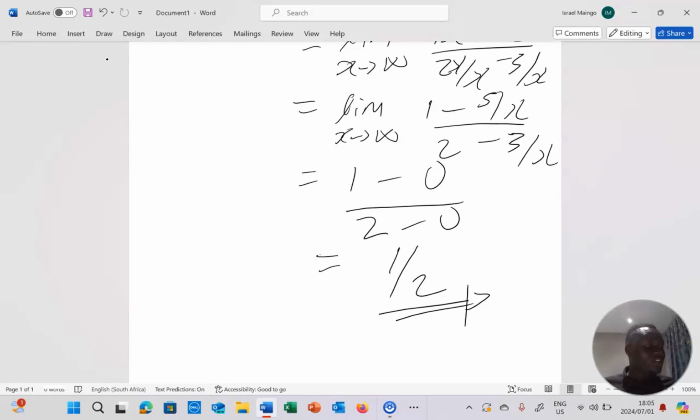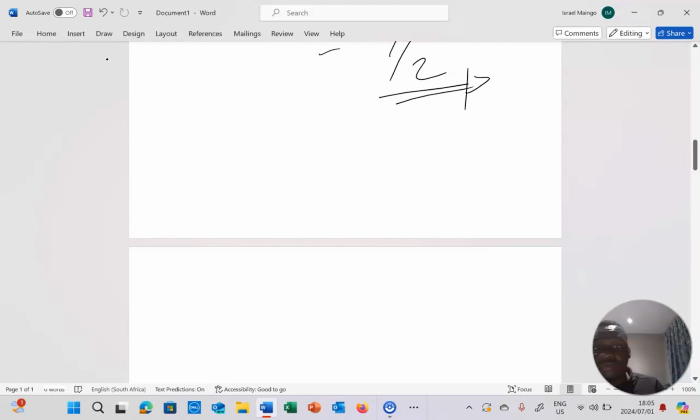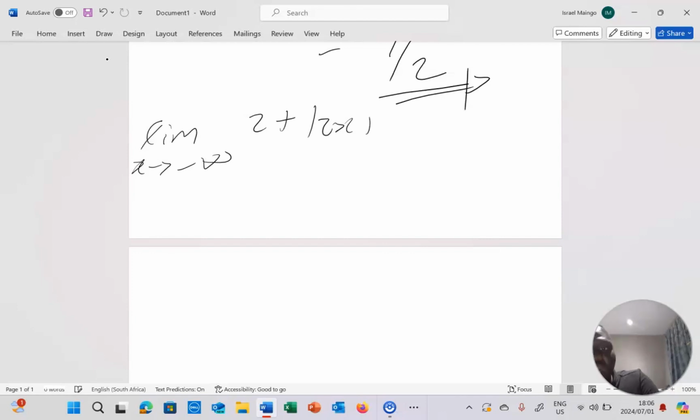So let's look at the other example. Let's look at the limit as x approaches negative infinity of 2 plus the absolute value of 2x plus 1, all divided by 2x plus 1.